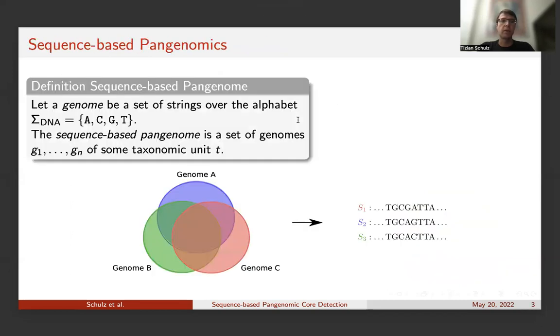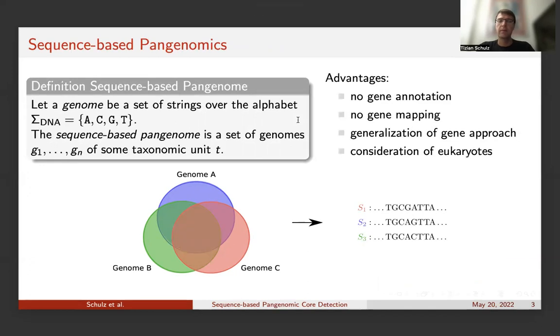This is why we went to a sequence-based pangenomics approach, where a genome is no longer a set of genes, but a set of strings, which can be short strings like sequencing reads coming directly from a sequencing machine, or completely assembled chromosomes. And this has some advantages.